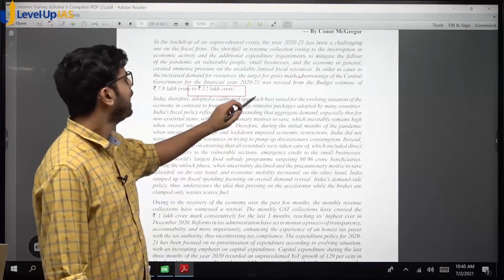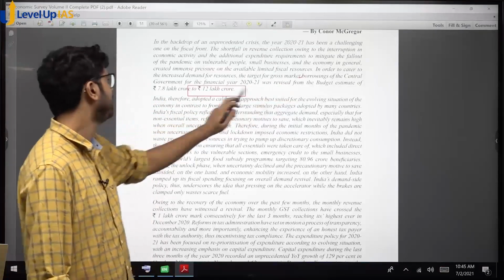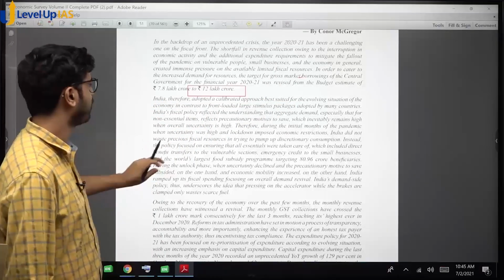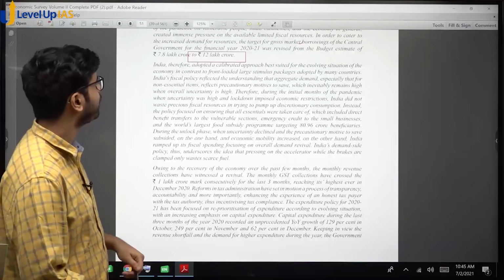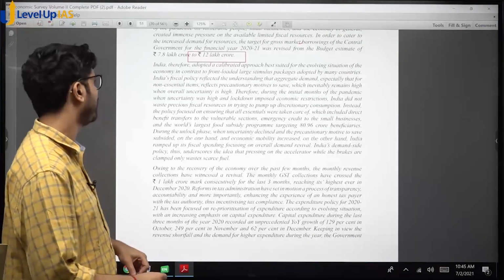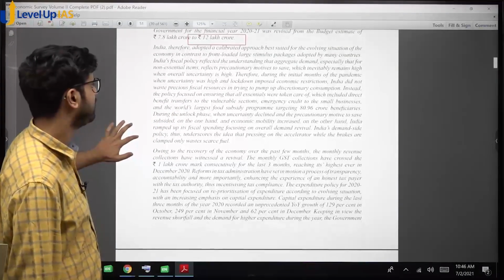So far so good. In order to cater to increased demand for resources, the target for gross market borrowings of the central government was revised to 12 lakh crores. We know this. India therefore adopted a calibrated approach best suited for the evolving situation of the economy, in contrast to a front-loaded surge. See, this is all fine, this is very general.